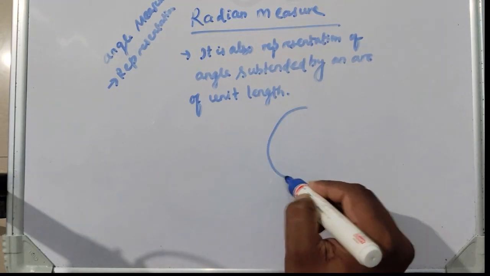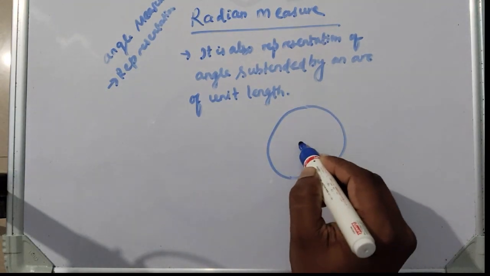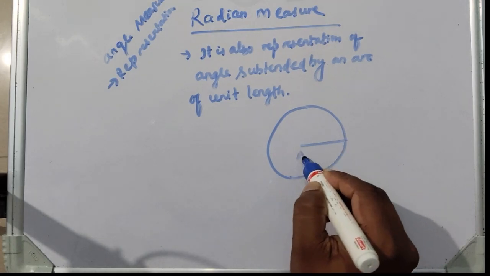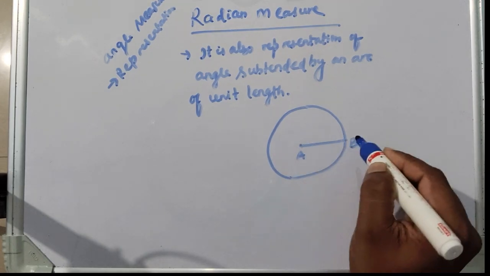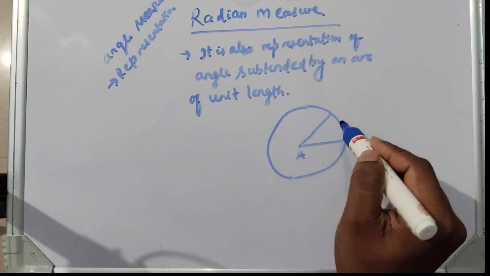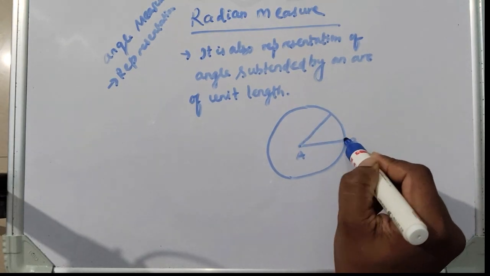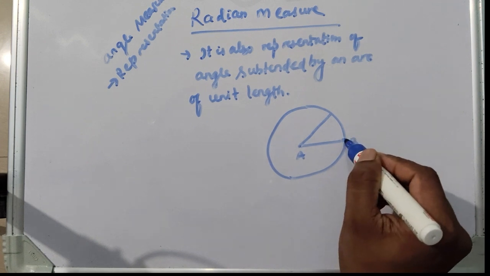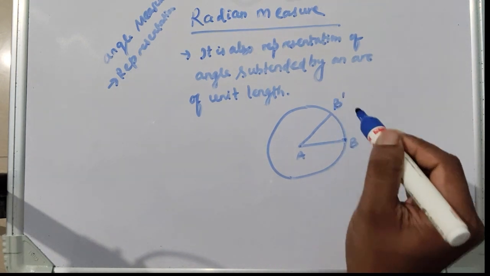Suppose it is a circle, and let's say A is a point and B is a point. So angle subtended by an arc. Suppose a point on circumference of the circle moves to a new point B dash.